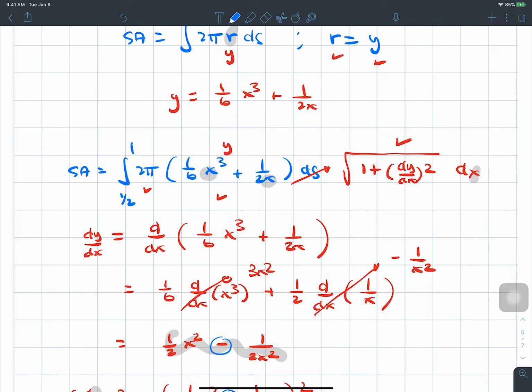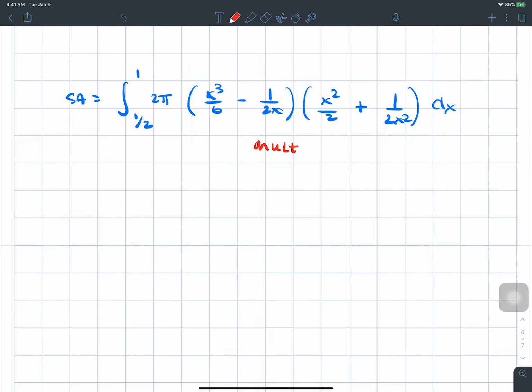So at this point here, you're going to have to do a little bit more algebra. I'm going to say you're going to have to multiply here because we're going to have to integrate, right? So you're going to have to multiply, which really means use FOIL.